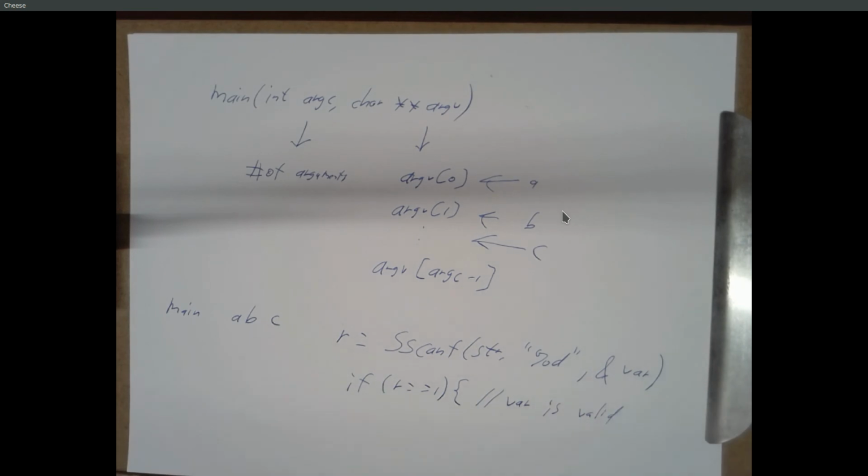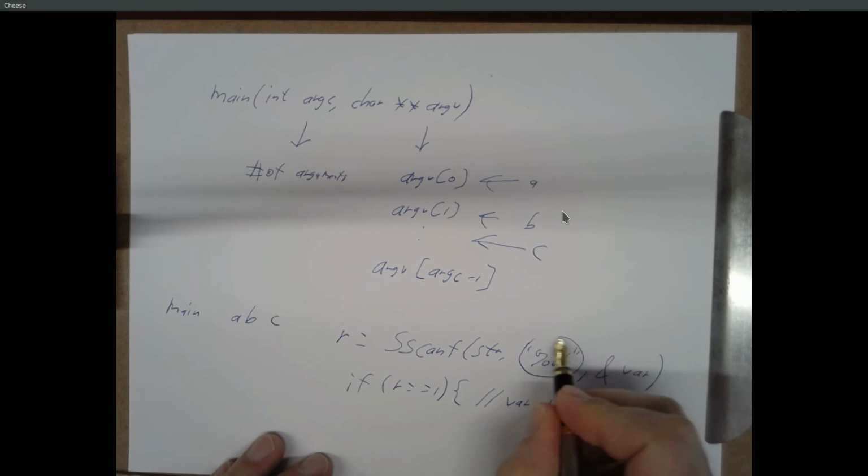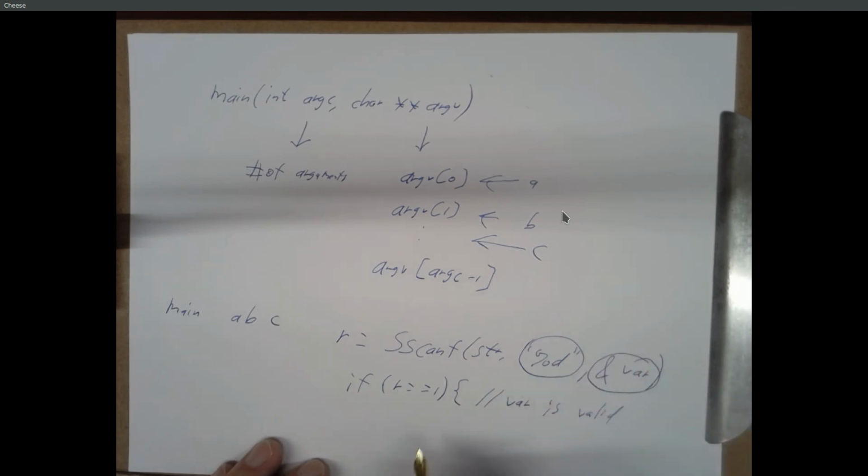And the only way we know if a scanf succeeded is by looking at the return value from it. We had one thing we were trying to convert. We had one variable we were trying to load. So we have to see if this function returned a 1. And if it did, then we know that this variable is valid.